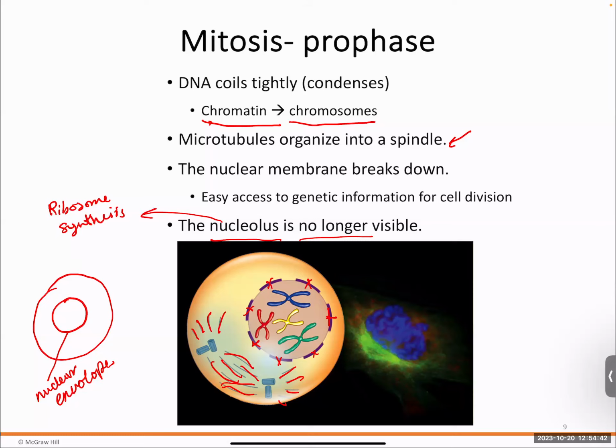The nucleolus is a structure inside the nucleus, which is this one. I'm going to show it to you, visualizing it. It is essential for ribosome synthesis, which is the small and large subunit. But as I mentioned, we don't need to do any protein synthesis at this phase. We just want to divide genetic information.